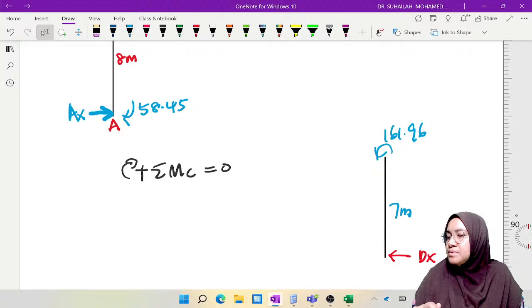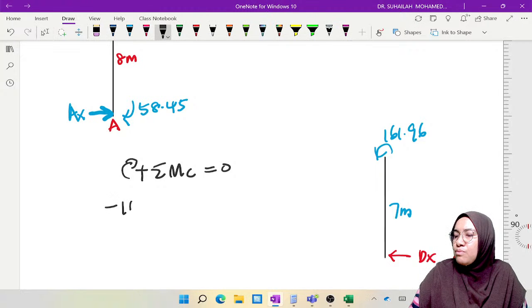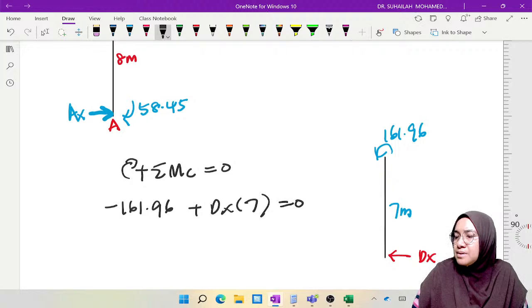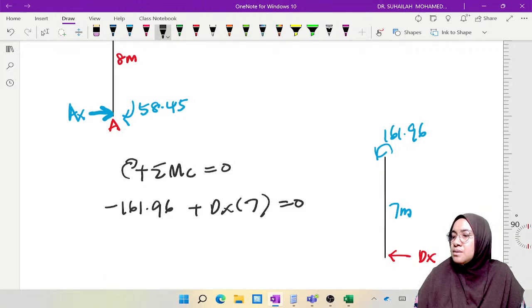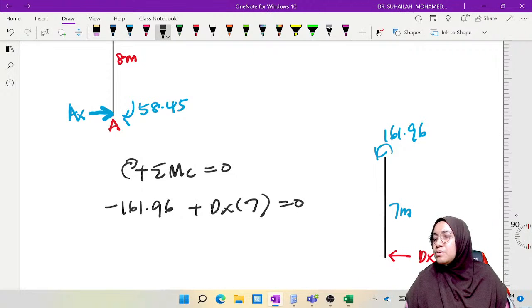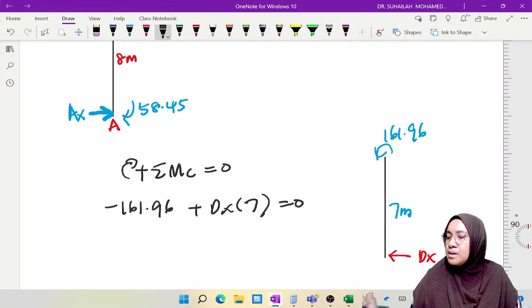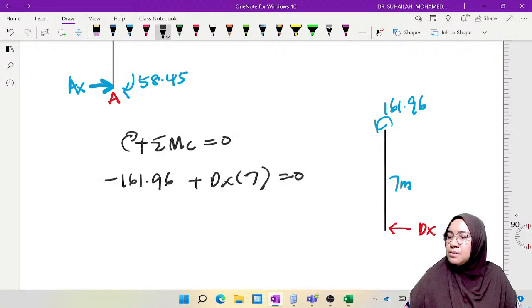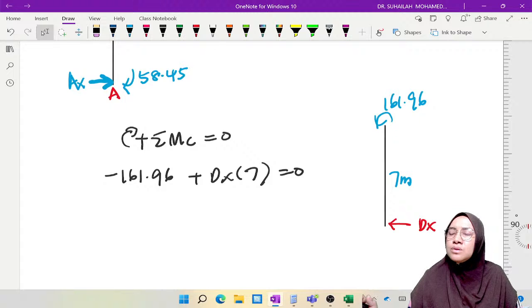So we have negative 161.96 plus DX times 7 equal to 0. Of course R is not included because we take moment at C. Sama juga dengan DY, DY is also not included because we consider all which is perpendicular.